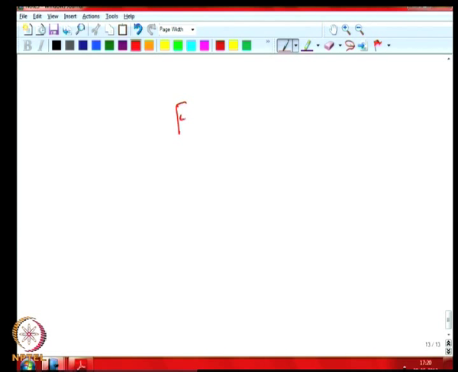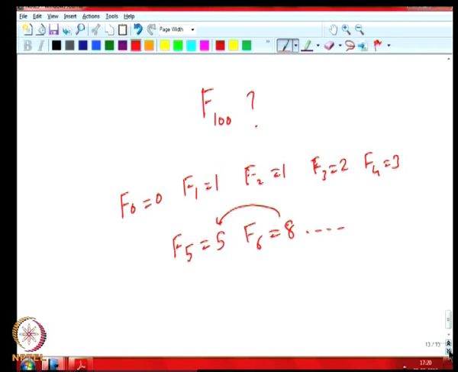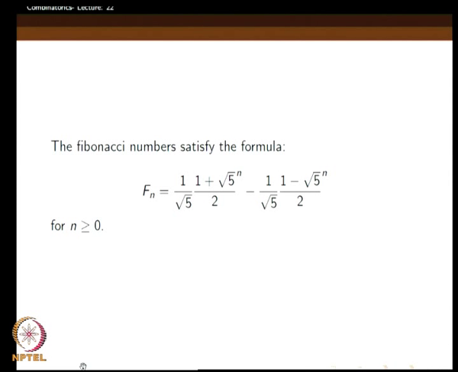For instance, if you want to find Fn for n equal to 1000, we can use that formula, right? So we claim here that there is a formula, and the formula is given by this. I should have put a bracket here, so I'll write it once again.